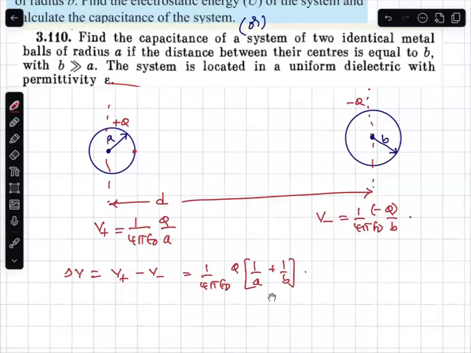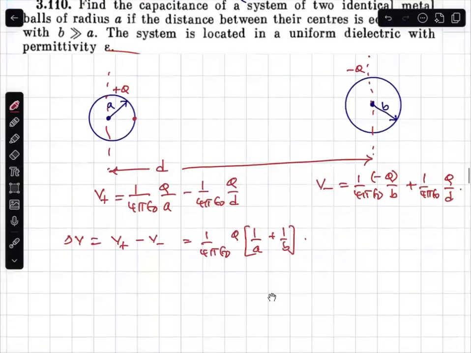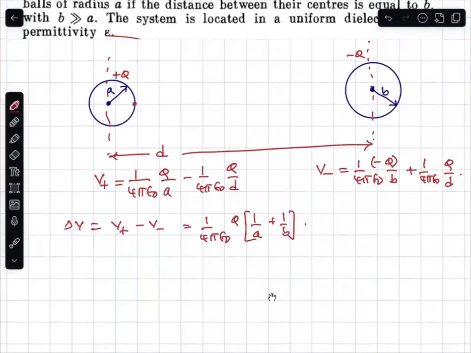You should modify this as, on the surface, you will have 1 by 4 pi epsilon naught Q by D, the interaction of the right side one on this, plus 1 by 4 pi epsilon naught Q by D. Right. Now, in this case, this is incomplete.